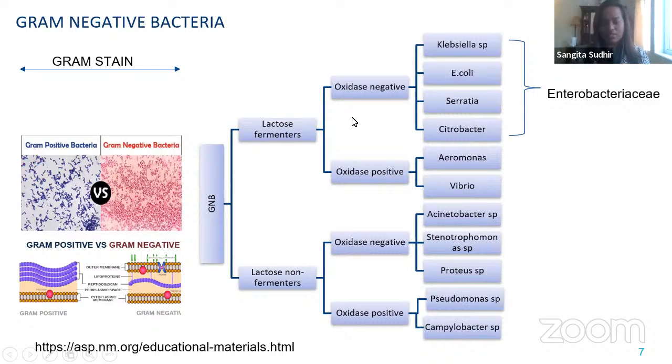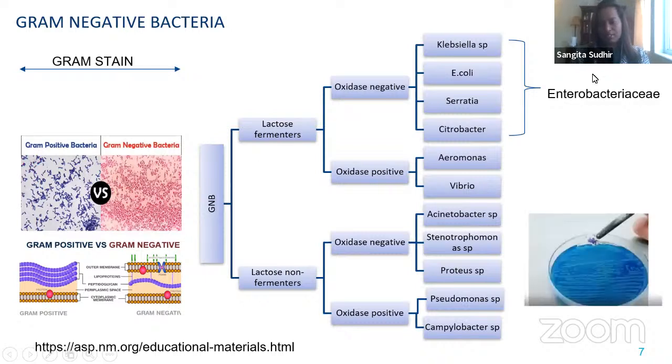Next thing we will do is the oxidase test. This is an example of how we do an oxidase test. As you can see, this is an oxidase disc. If an organism is growing inside this culture media, and you dip this oxidase disc into this medium, if the organism has the ability to produce cytochrome oxidase enzyme, then this disc will turn purple-blue within 30 seconds.